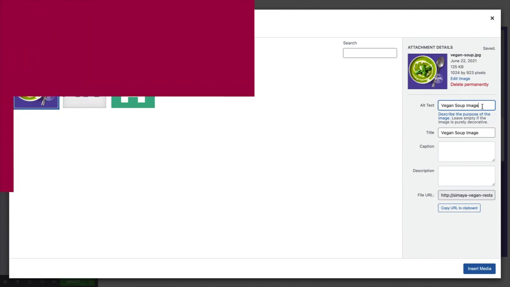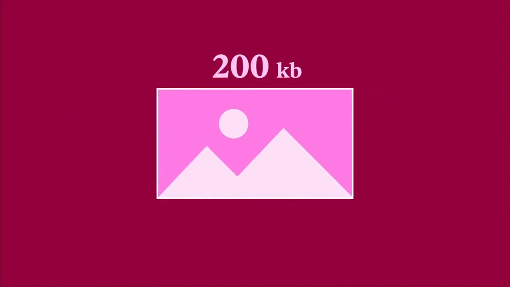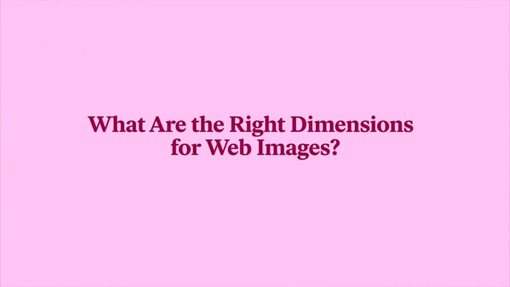This makes your website more accessible and will help boost your website in search results. Another important thing to keep in mind when uploading images is the file size. Try to keep image size to 200 kilobytes or smaller, as it may affect the resources and speed of your website. One of the most commonly asked questions when building websites is, what are the right dimensions for web images?